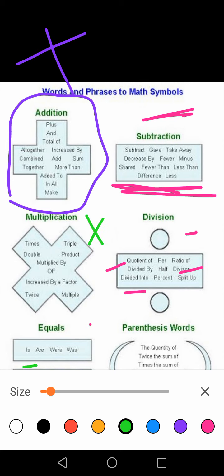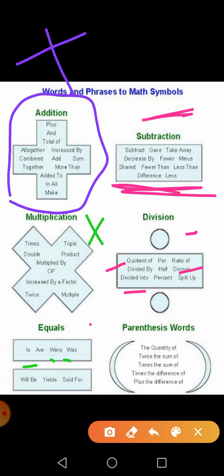Equals: is, are, where, equivalent to, equals to, all of these are called equals. And finally the parenthesis words, when you put something between brackets, like the quantity of, twice the sum of, times of the difference, all of these mean parentheses or brackets.